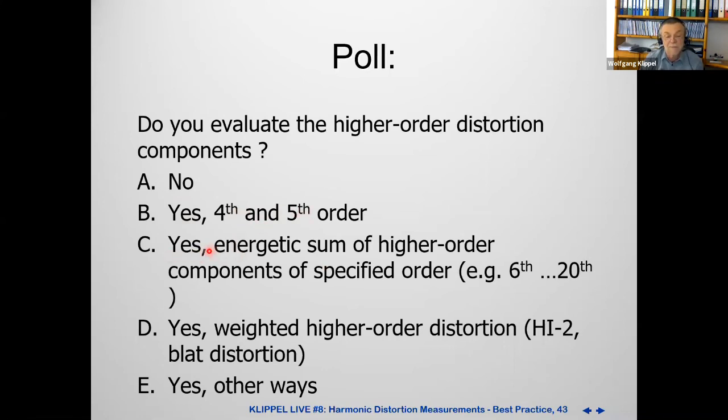Yes, you are summing up the energetic sum of higher order distortion starting somewhere here. Usually you can modify that. D, yes, I'm using the weighted higher order distortion that's introduced by David Clark. It's also called Blatt distortion. Or you have some other ideas.